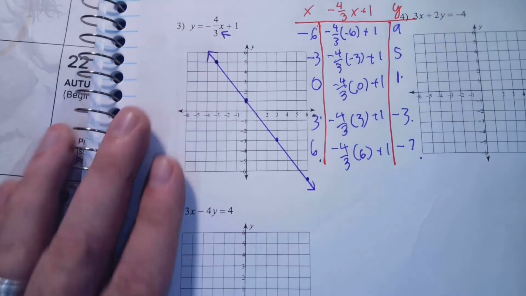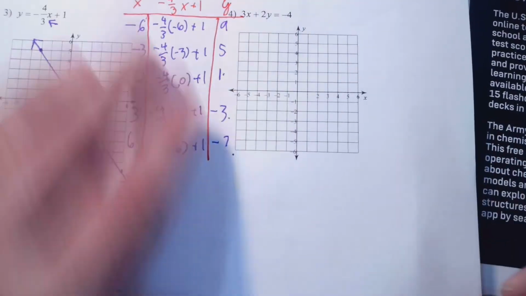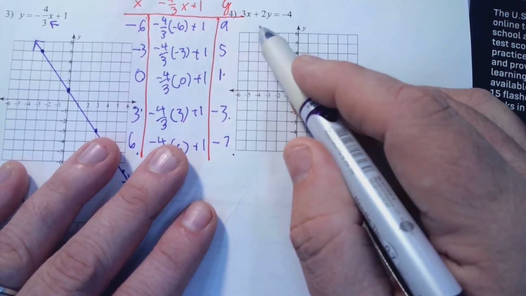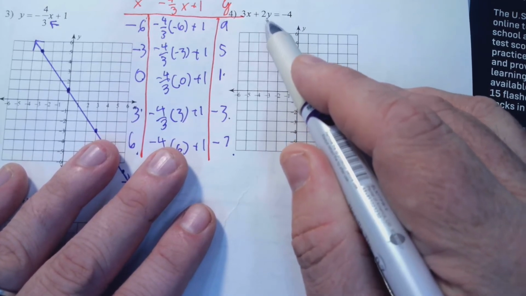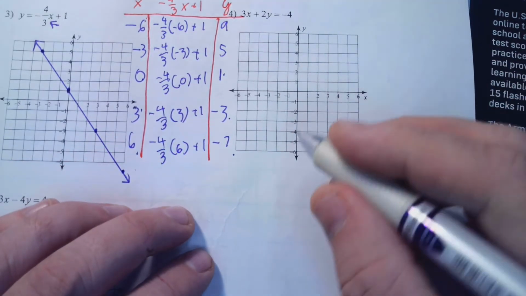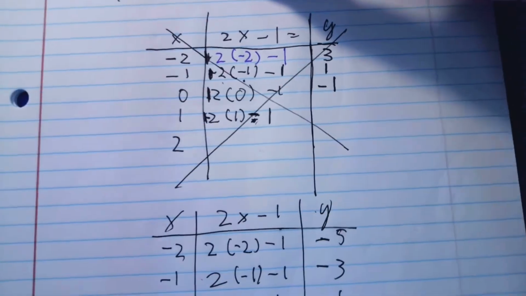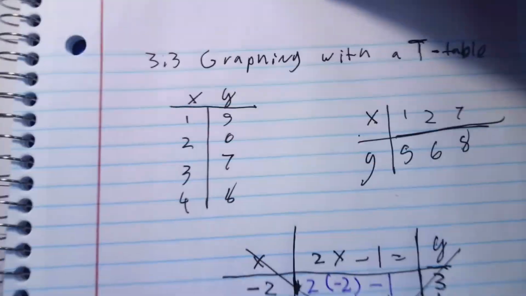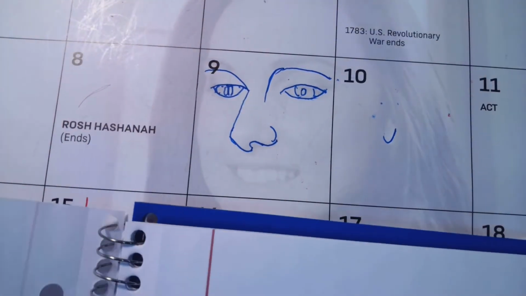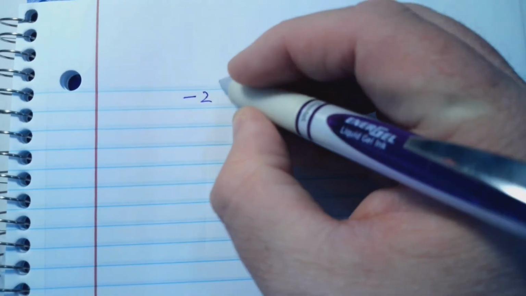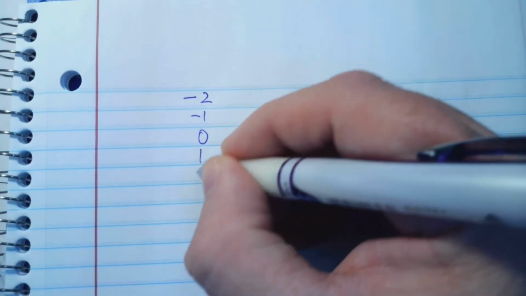Okay. And so here's the last type of problem we're going to go through. Okay, this one is problematic to me. Okay, we could, and I'm going to go ahead and move back to my paper so I can show you this. We could, I'm just going to do the negative 2, negative 1, 0, 1, 2.